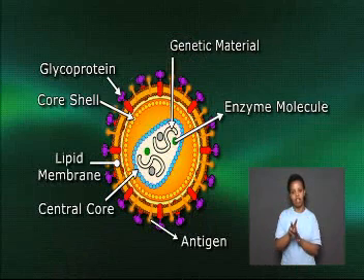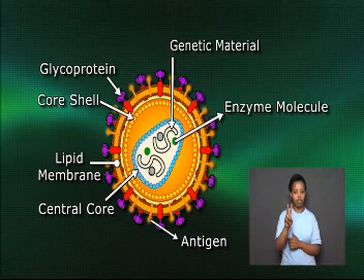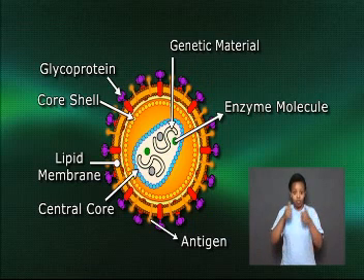A virion consists of 2 or 3 parts. As you can see, the genetic material made from DNA or RNA is located in the center. It is surrounded by a protein coat that protects these genes.